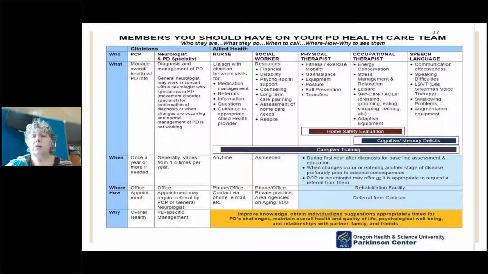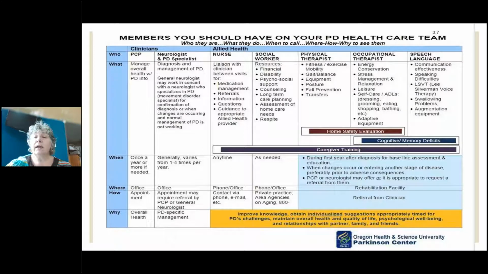An occupational therapist looks a lot more at our activities of daily living. They're also called ADLs, and that includes dressing, grooming, eating, shopping, bathing, transfers and toileting.